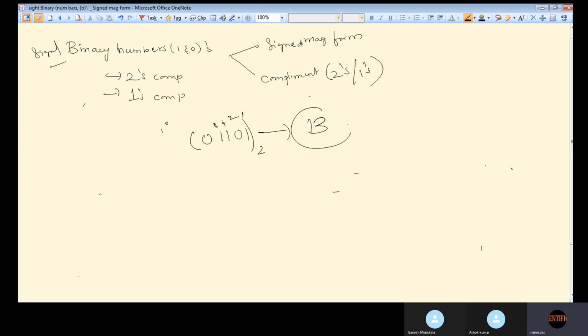Yes, it is 13. This 13 is unsigned actually.